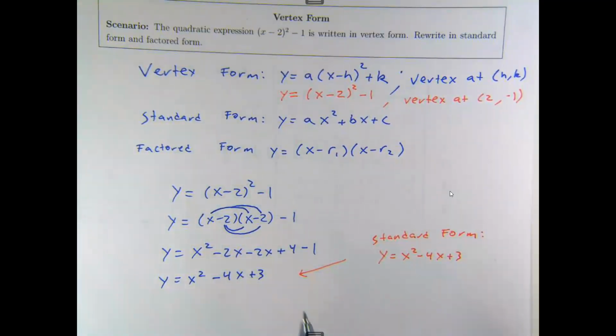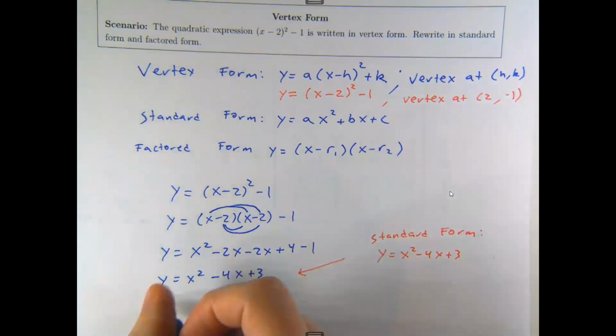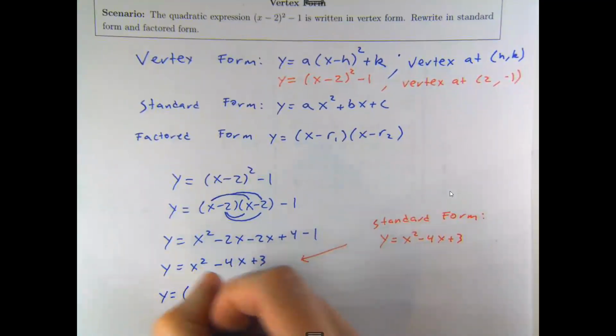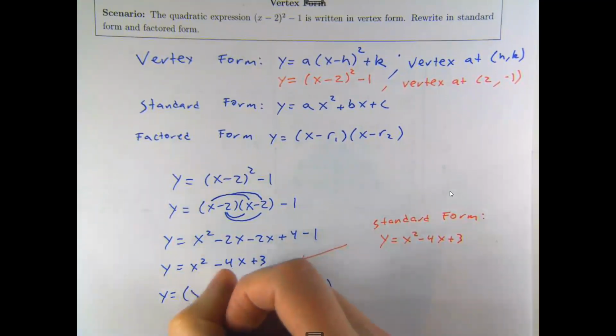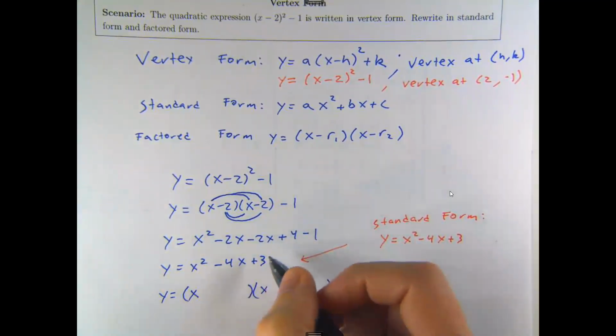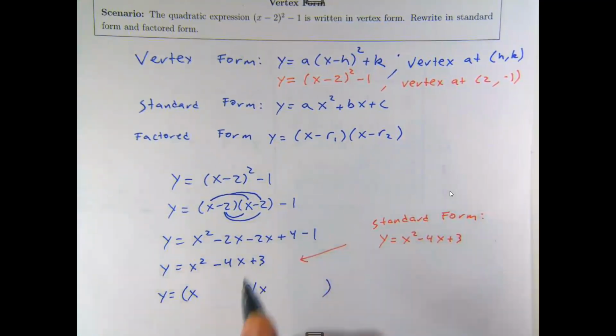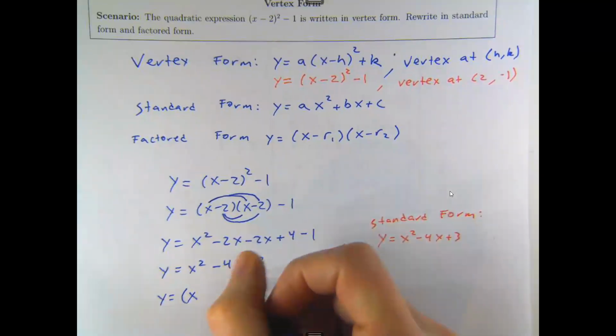If I want to put this thing into factored form, I need to break this up. And the way that I'm breaking this up is I'm looking for things that multiply to give me a positive 3, but would add to give me a negative 4. Well, there aren't a lot of things that multiply to give me 3. 3 and 1 is pretty much it.